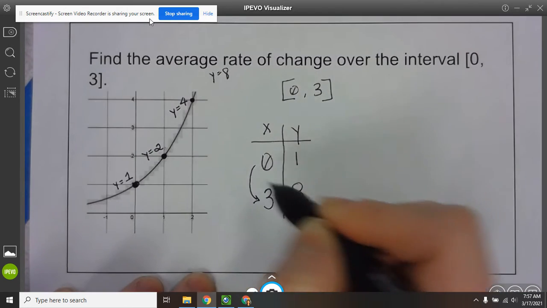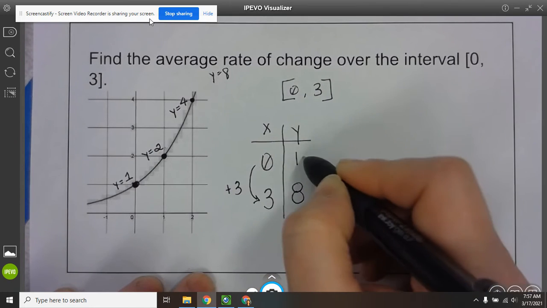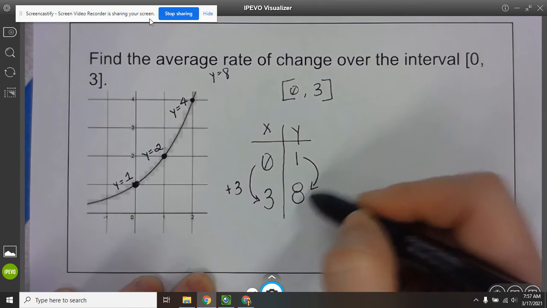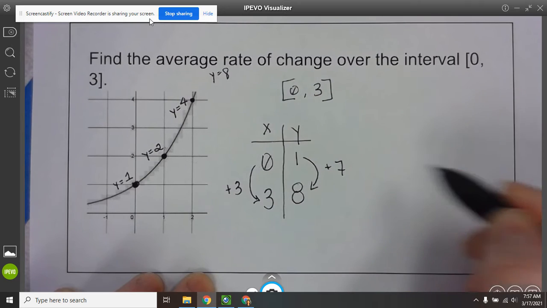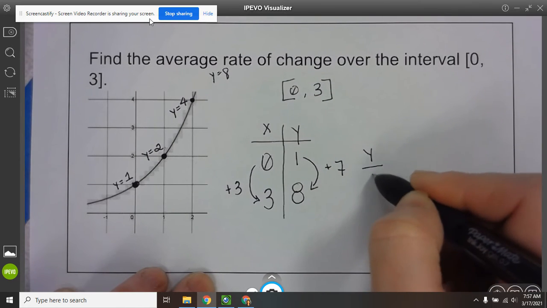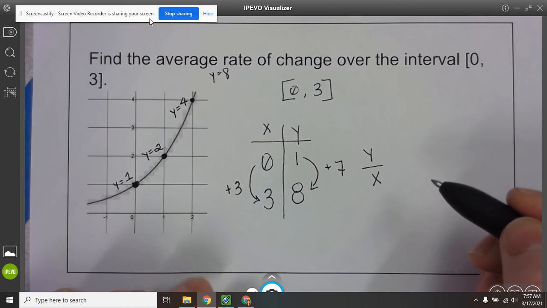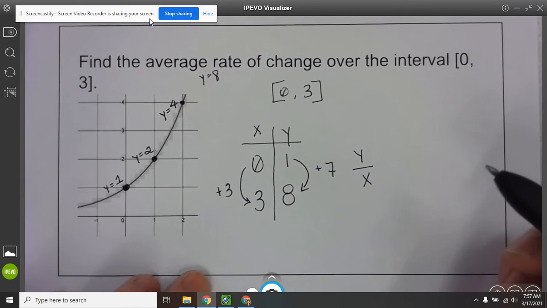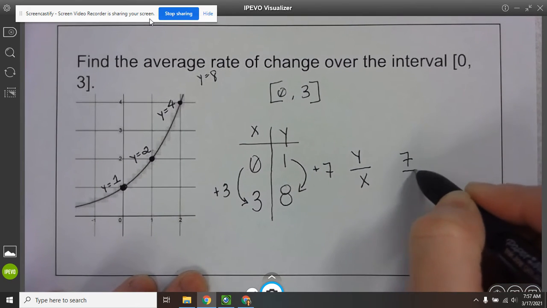All right, so here going from 0 to 3 is plus 3. From 1 to 8 is plus 7. And remember, it's always y over x. It is never x over y. So this would be 7/3.